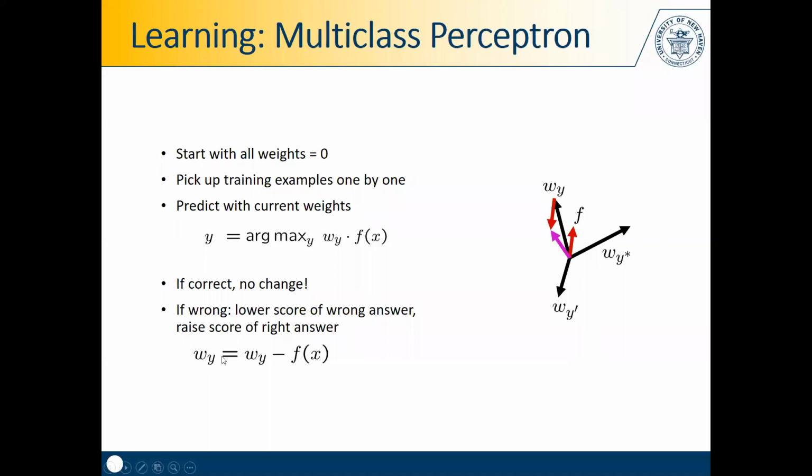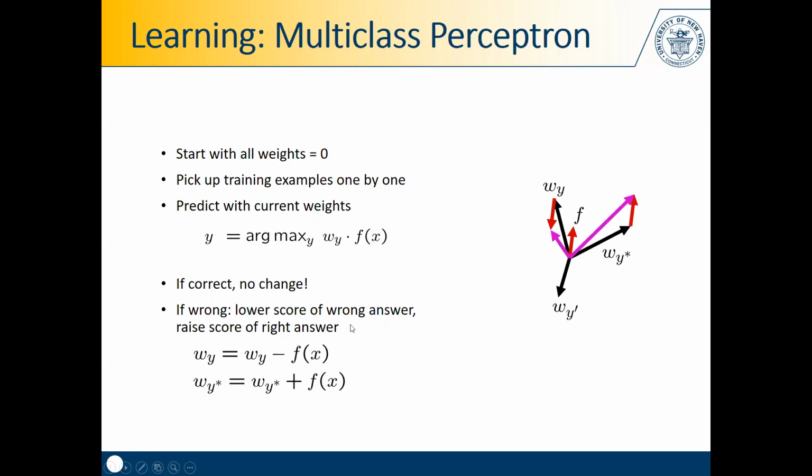W sub y is adjusted by decreasing its score. In the simplest form, this reduction or lowering of the score is in the form of just subtracting f of x from it. Remember, these are all vectors, so these subtractions are vectorial.